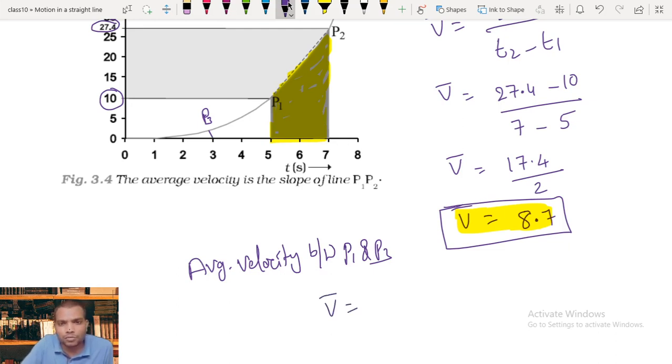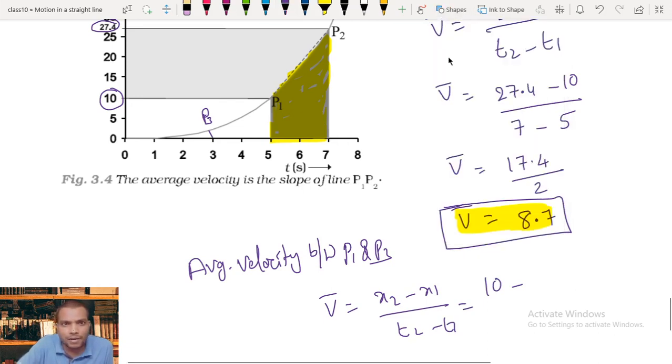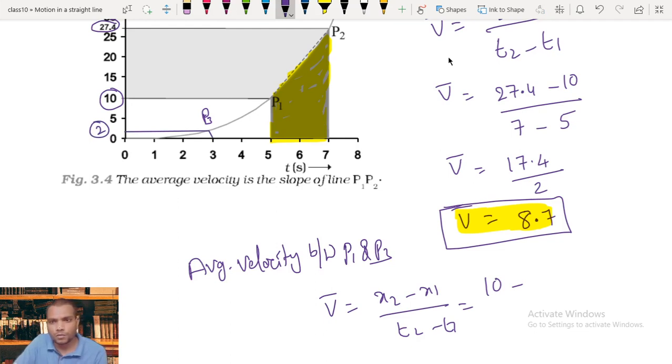So the average velocity between P1 and P3, V bar, is x2 minus x1 upon t2 minus t1. Here the x2 value is at P1, which is 10, minus the x1 value, which I'll consider as 2, upon the corresponding times, 5 minus 3.